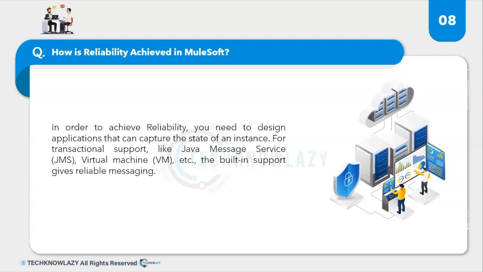If you connected using virtual machine, then you have virtual machine notifications by default. Those are the inbuilt reliable messaging services. Similarly, you need to add an extension which provides such reliable messaging service when you are connected with other data sources. Now, proceeding into the next question.